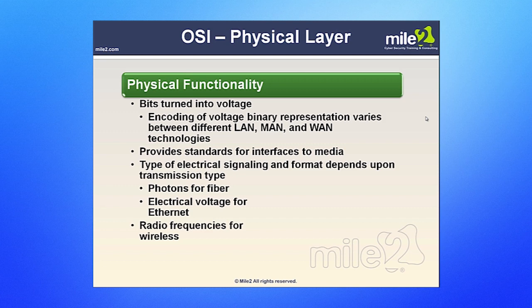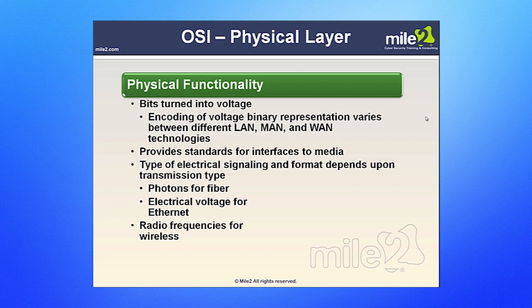And if you've got the wrong type of network cable, the wrong types of connectors, or the cabling is bad, you're not going to get anywhere. So you're thinking bits, 0 and 1. And with bits, bits are turned into voltage. So encoding a voltage binary representation varies between your different technologies. You've got your local area network, your metropolitan area network, and your wide area network technologies, and there's some definite differences there.